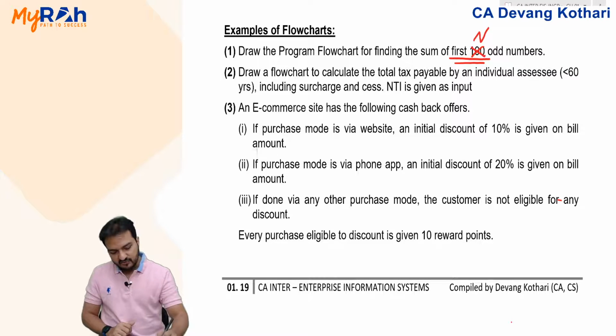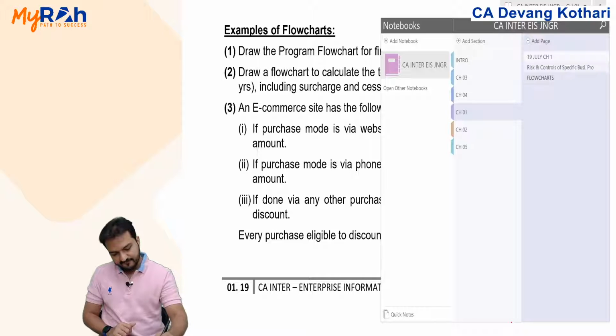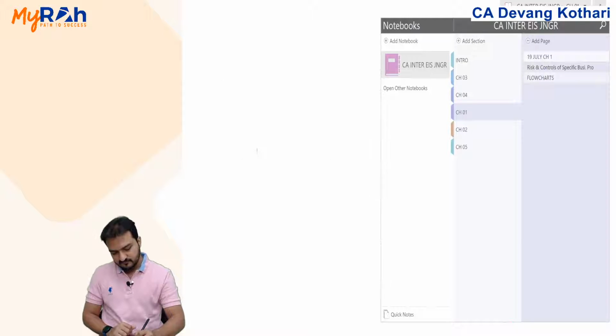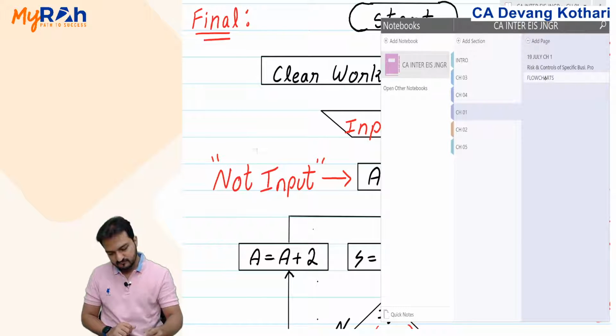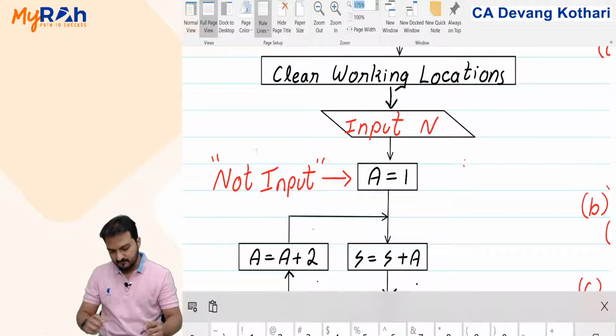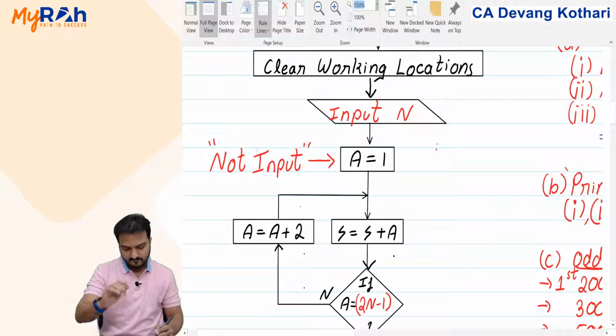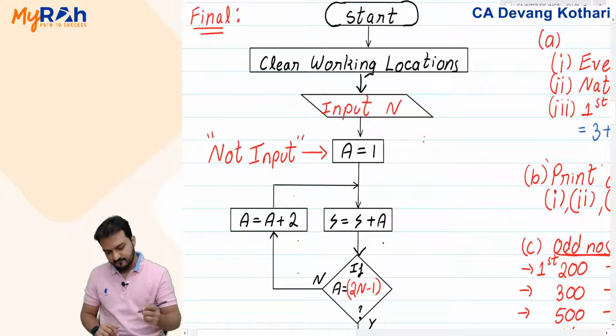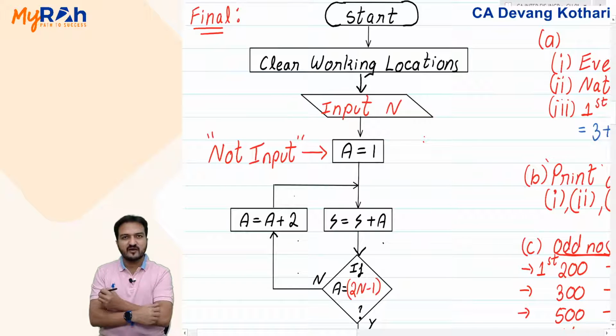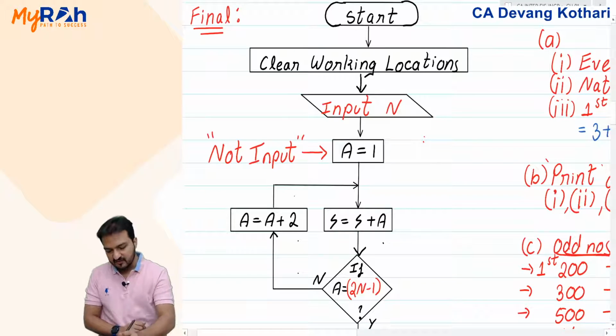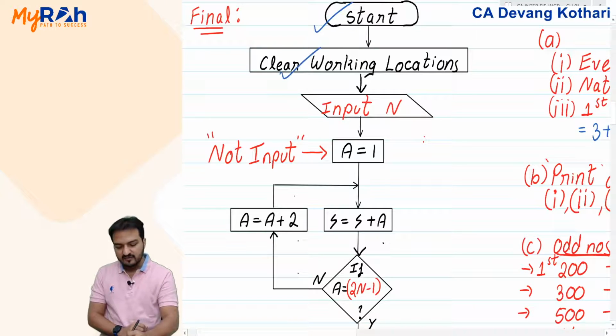I'll show you that diagram here. Look, this was the diagram we had made. Every flowchart will start with the command start, then clear working locations, and end with the command stop.